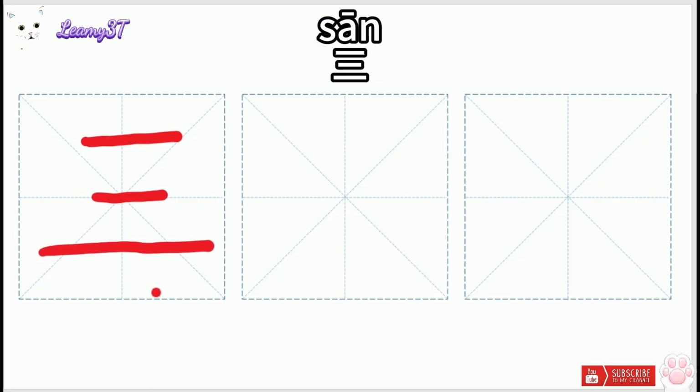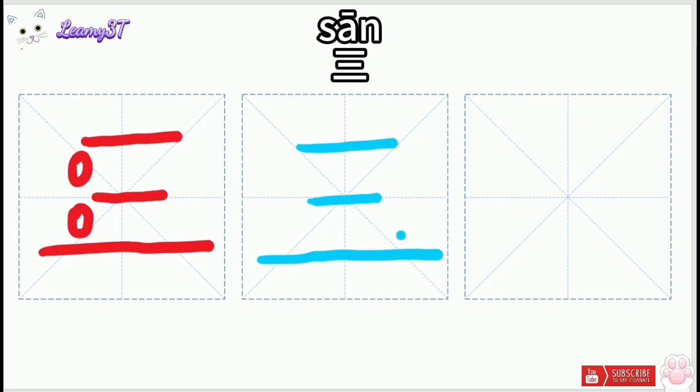Each heng should be evenly spaced and written straight from the left to the right. Heng, heng, heng. The middle one is the shortest. The bottom one is the longest.